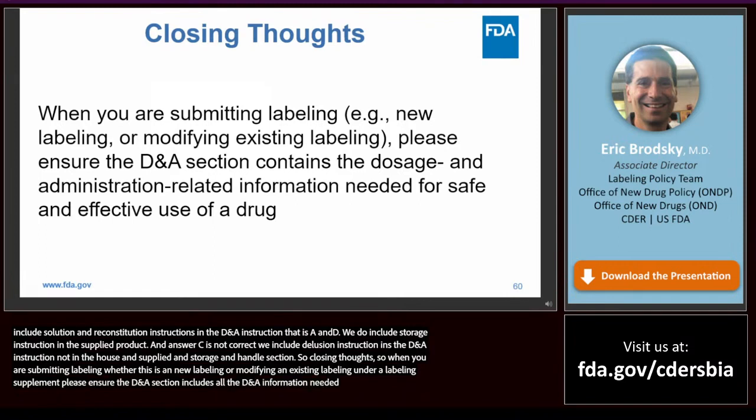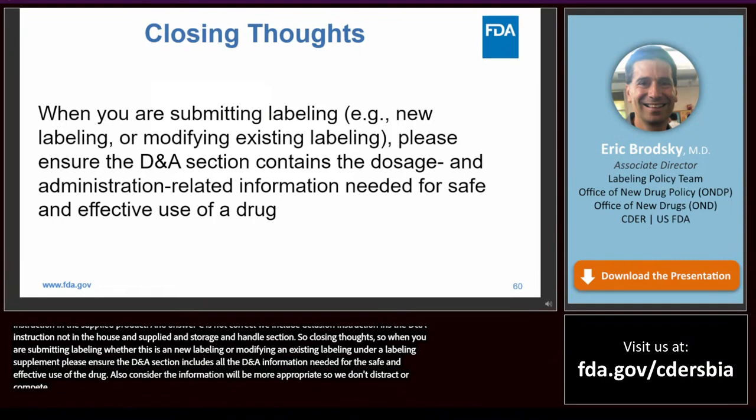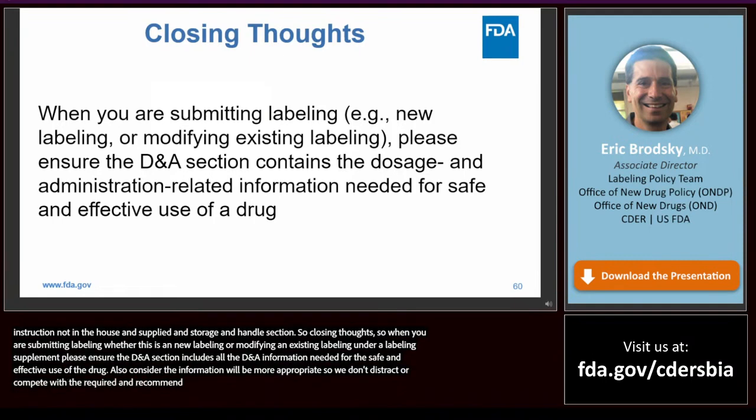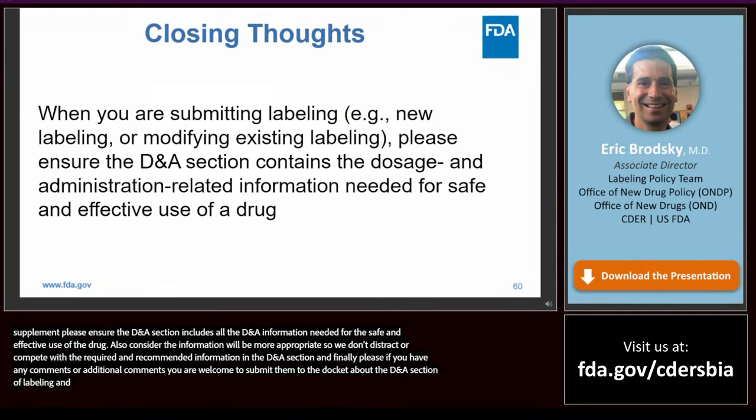I also say that consider if information in the DNA section would be more appropriate from other sections of labeling so we don't distract or compete with the required and recommended information in the DNA section. And finally, please, if you have any comments or additional comments, you're welcome to submit them to the docket about the DNA section of labeling guidance, and we would like to consider that prior to finalizing the guidance.